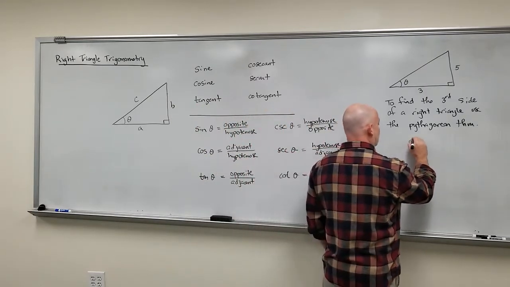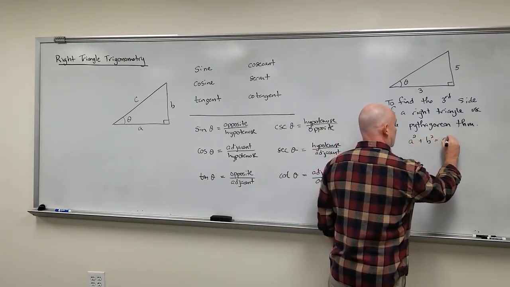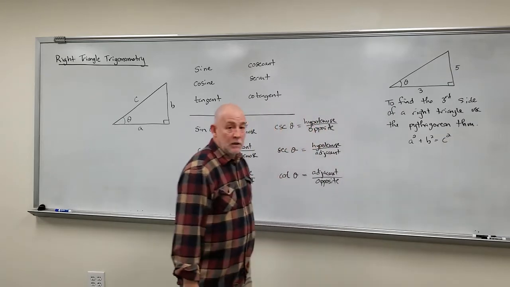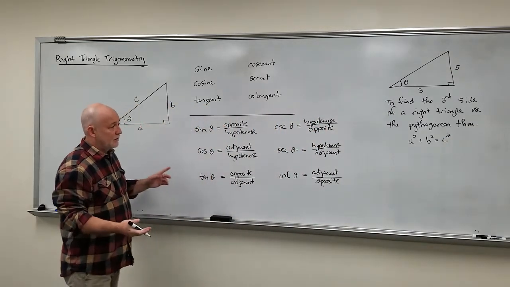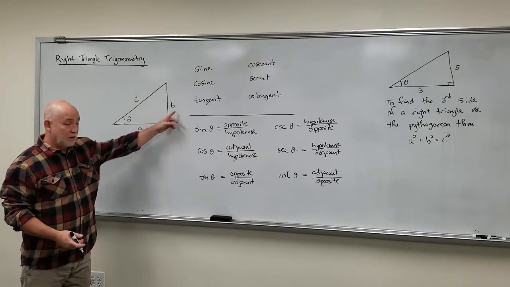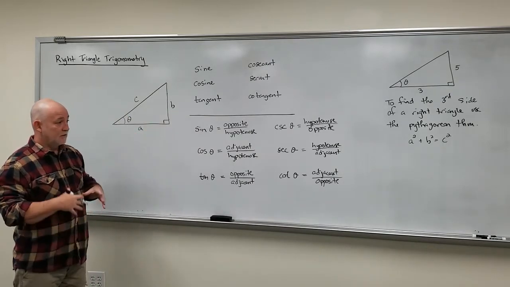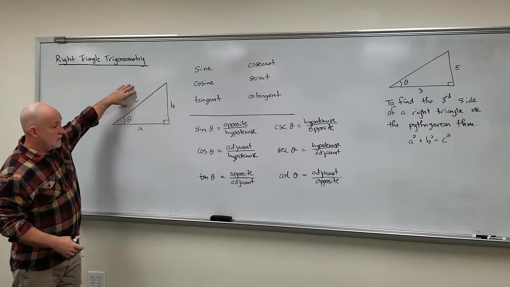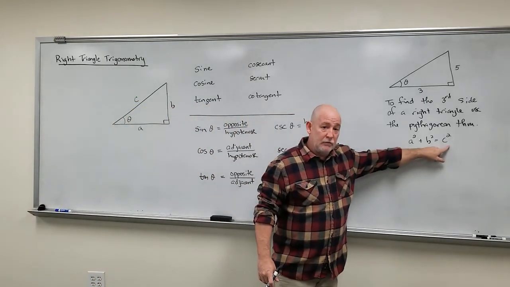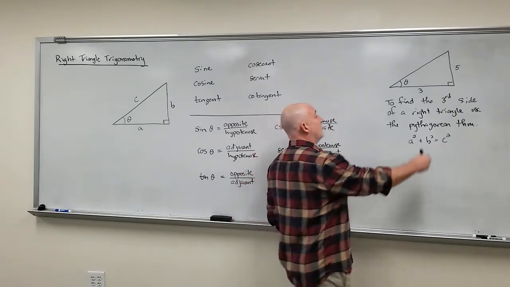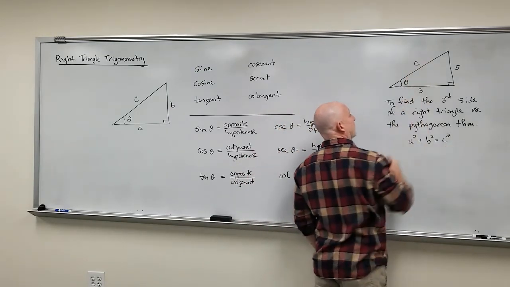It's a squared plus b squared equals c squared. Now, the labeling of our triangle sides A, B, and C really doesn't matter for which sides we call A and B, but the side that's all by itself, the c squared, has to be the hypotenuse. So in this case, we don't know what the hypotenuse is, so let's put a letter there.